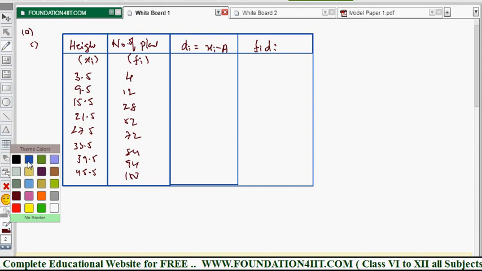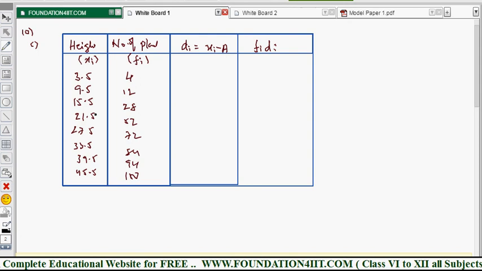Then we need to assume a mean. Observe the highest frequency; you can assume a middle value, and I am taking this as the assumed mean. Generally take the highest, or any value in between, the middle. Now di is xi minus a.